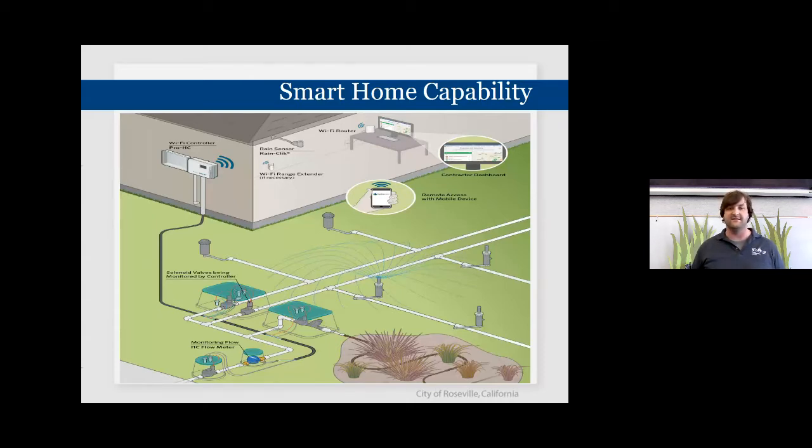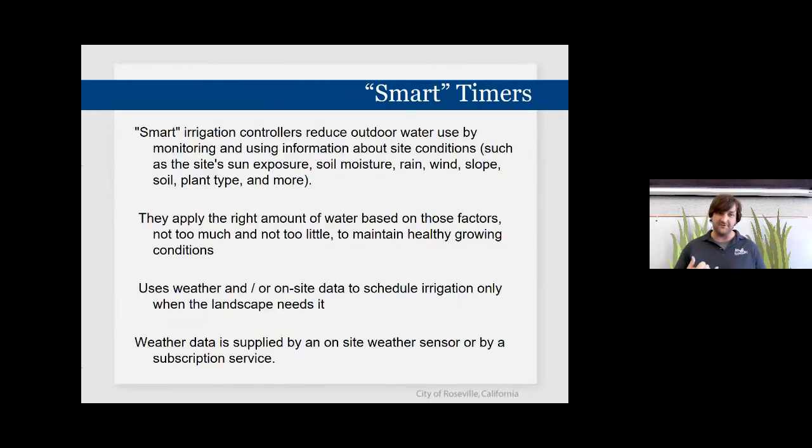Next slide. So to review, smart irrigation controllers reduce outdoor water use by monitoring and using information about site conditions. It does this by evaluating the site's sun exposure, soil moisture, rain, wind, slope, the soil type, the plant type, all of that kind of data.